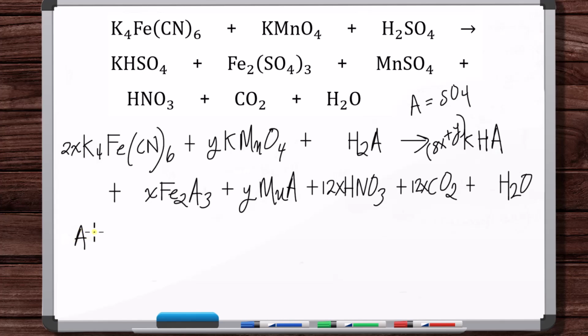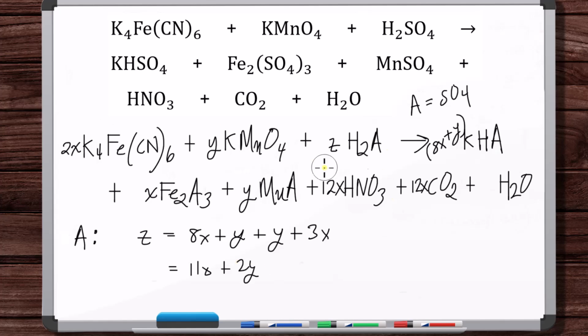For the A groups to balance, if this is Z, then on the reactant side, you've got Z A groups. And then on the product side, we've got 8X plus Y plus Y plus 3X. So 11X plus 2Y is Z.